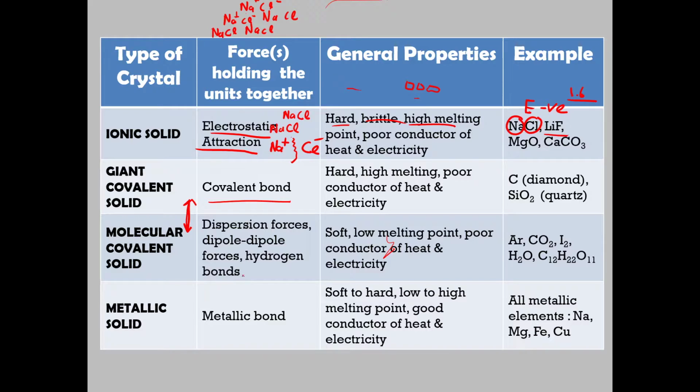Untuk molecular covalent solid, we only have dispersion forces ataupun dipole-dipole. Most of the covalent bond, I reiterate balik lah. So untuk giant covalent bond, instead of contoh between CH4 they combine dengan another CH4 in a solid, kalau molecular covalent, the attractive force is between this.